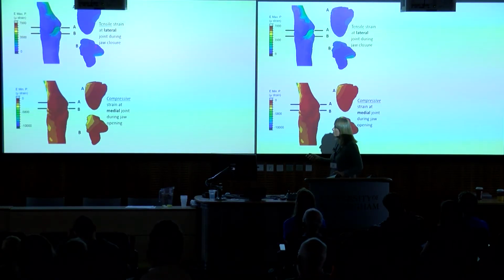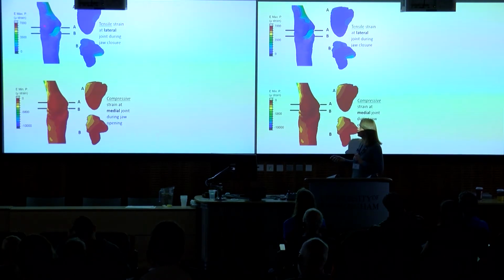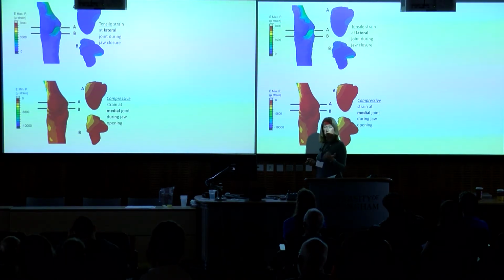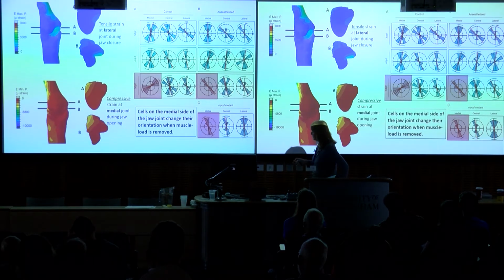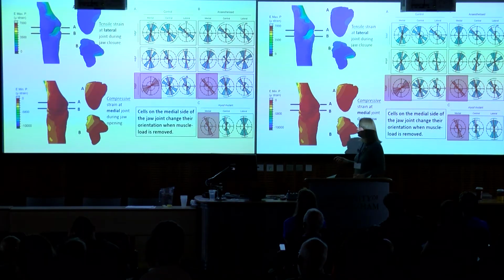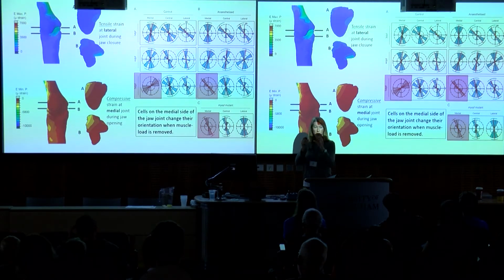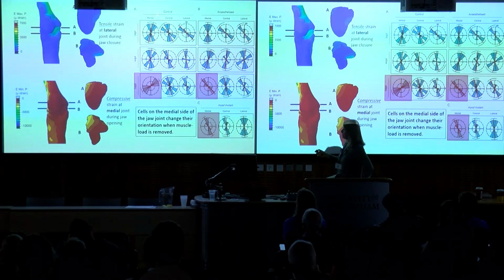If we look at cross sections, for example through the jaw joint, there's tensile strain at the lateral jaw joint during closure and compressive strain at the medial joint during jaw opening. We had an MSc student who spent a long summer measuring the orientation of cells at different regions across those jaw joints, and her rose diagrams here show those different orientations.